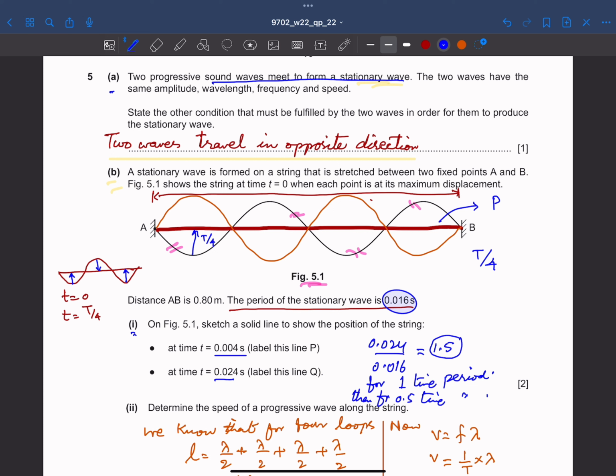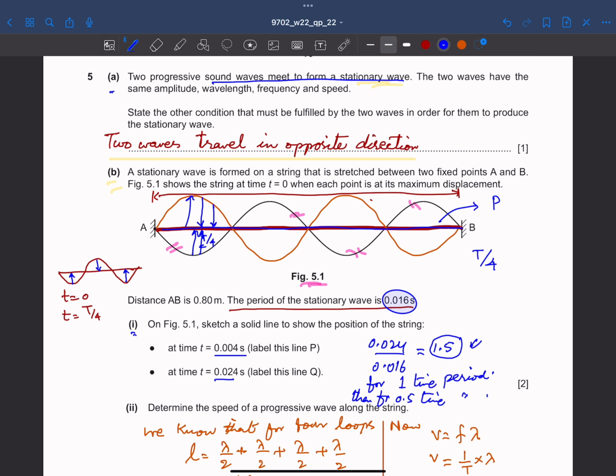At this point you have 1/4 time, then again 1/4 time, then it's coming back, then it's going up, and then coming back. So what will happen at T over 4: the whole string will be in the form of a straight line, because each and every particle will be in a straight line. So this is the time T over 4. Be careful of this situation.